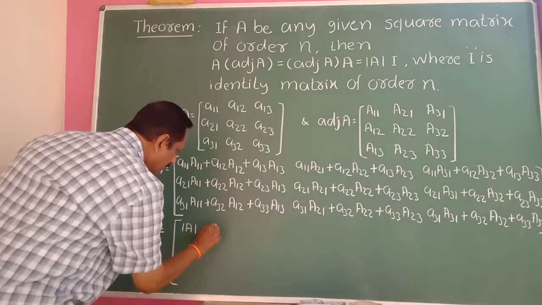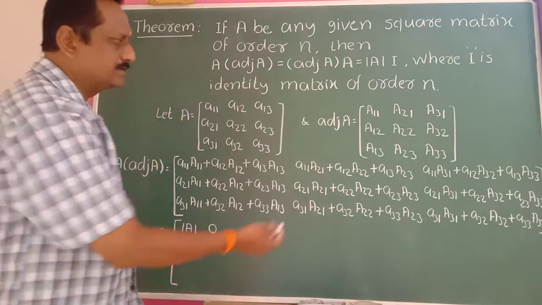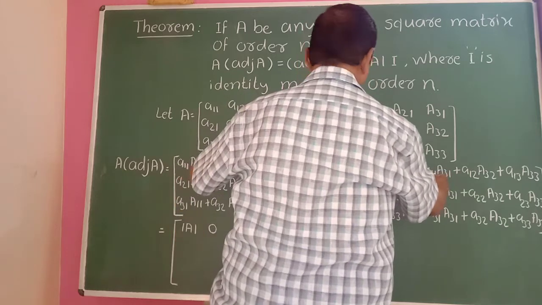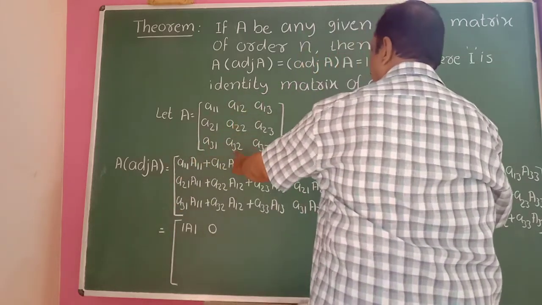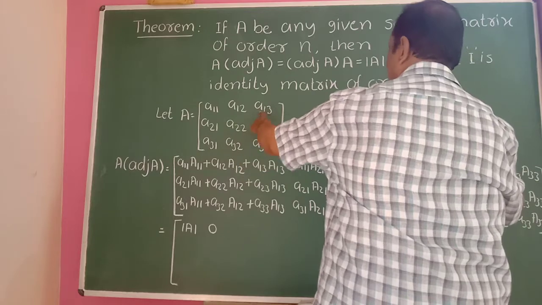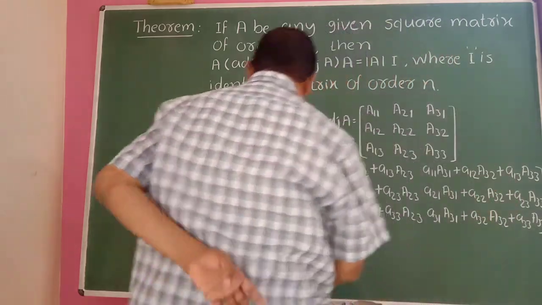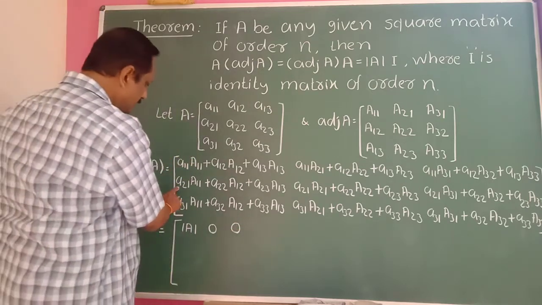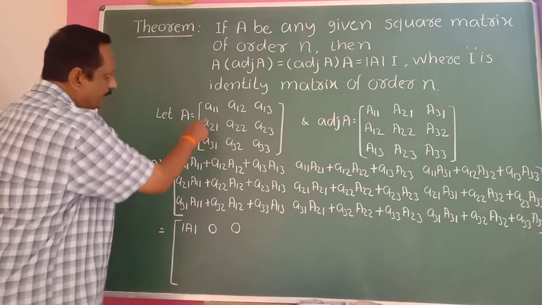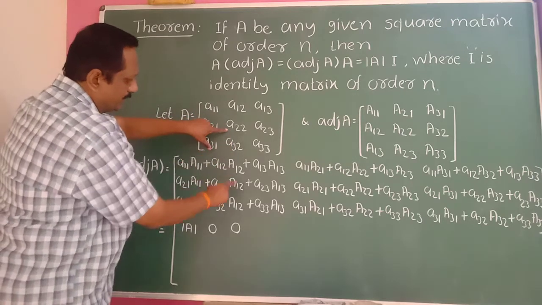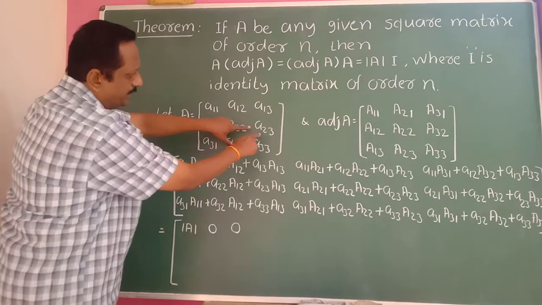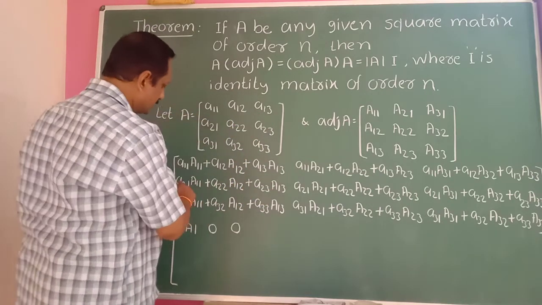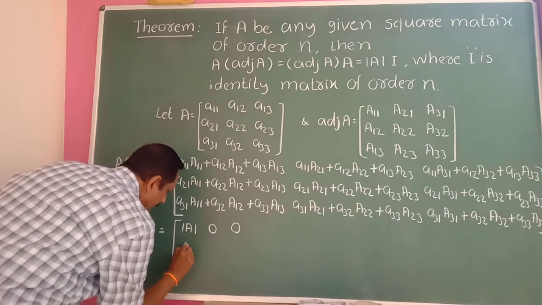Similarly here, A11, A12, A13 with cofactors of the third row elements, and the sum is always 0. Likewise, A21, A22, A23 with the cofactors A11, A12, A13 of the first row, and in this case also the sum is 0.